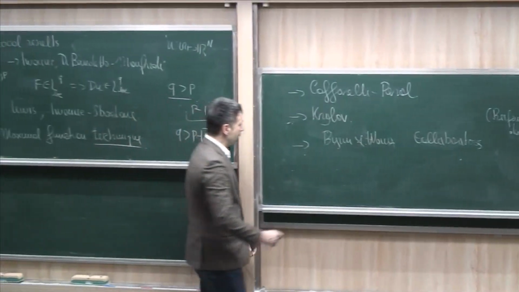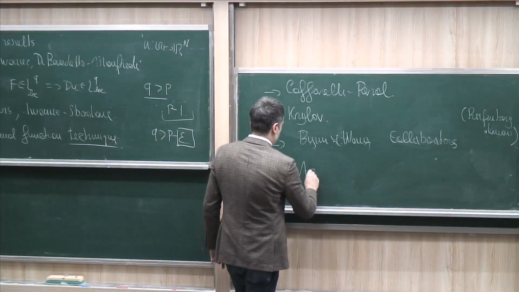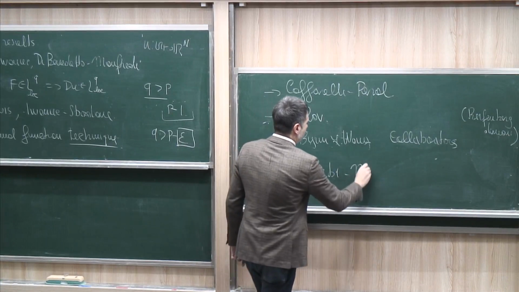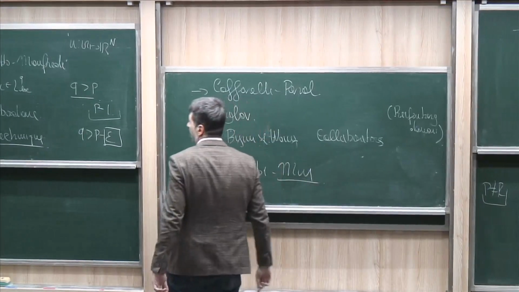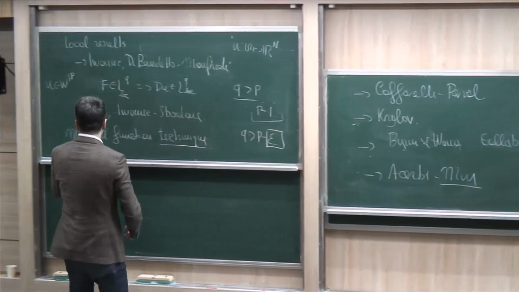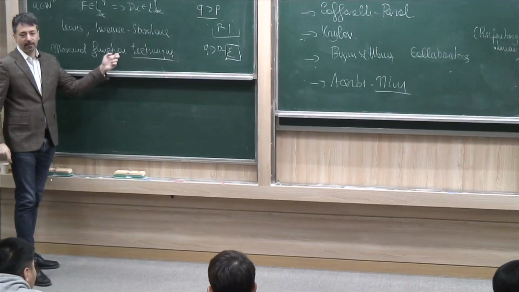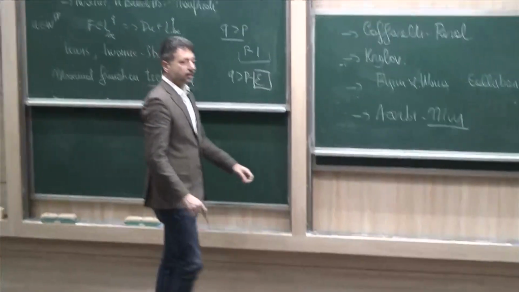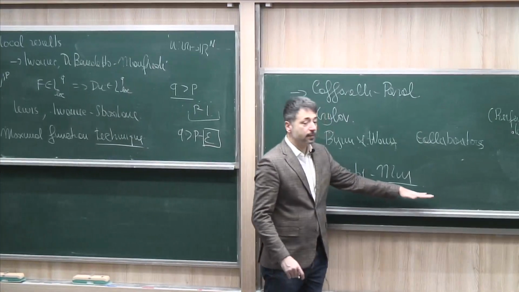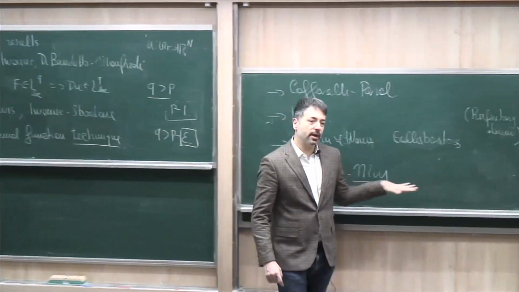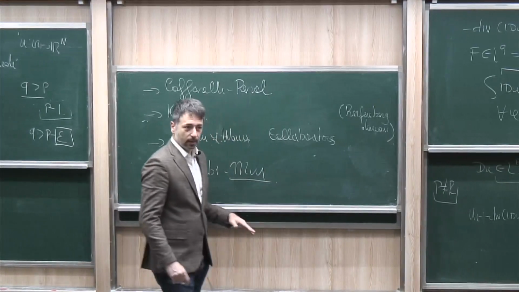And then together with Emilio Acerbi, we developed another approach, which nowadays appears in the literature as the maximal function free approach, that essentially is completely handmade, has no harmonic analysis tool inside.